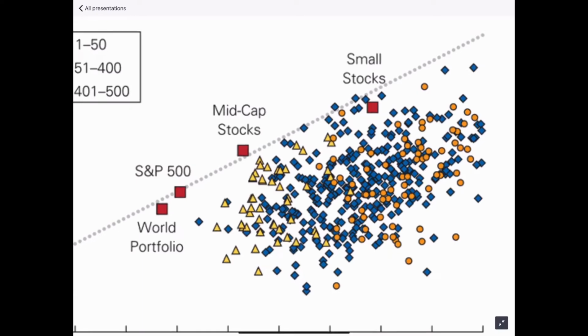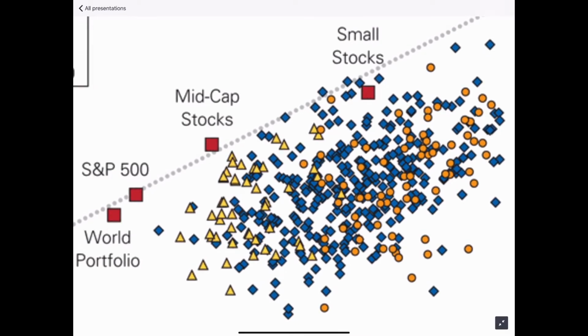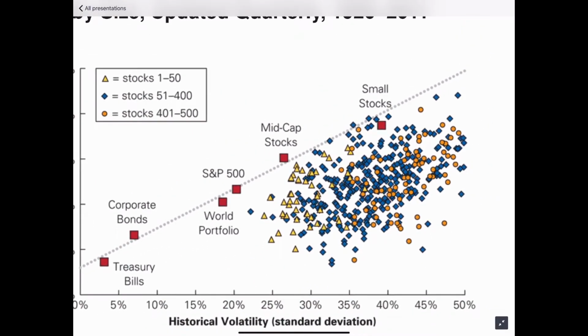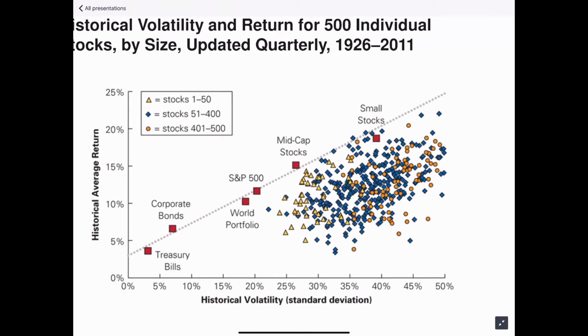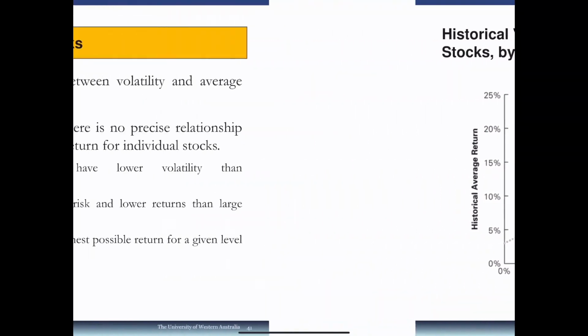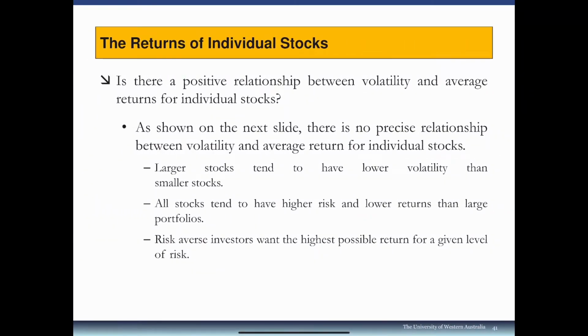But what you can say for sure is that visually it doesn't present a very convincing evidence that there is a positive relationship between average return and volatility. So there is no precise relationship between volatility and average return for individual stocks.